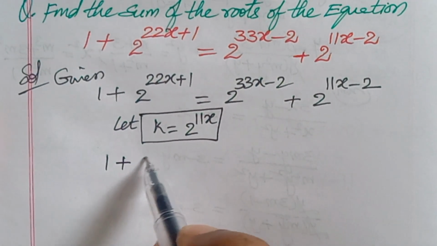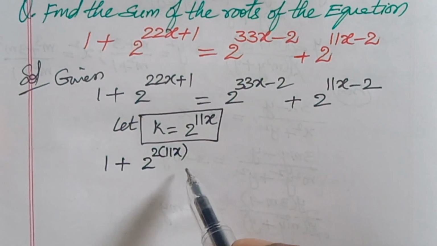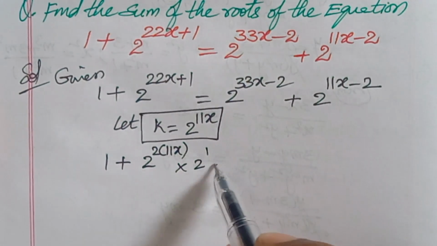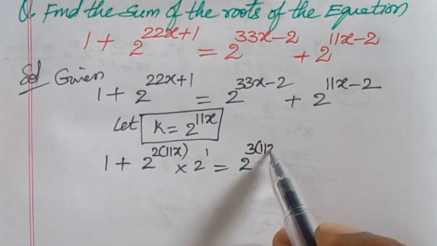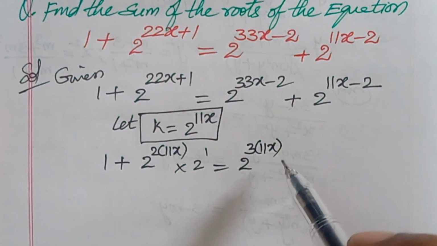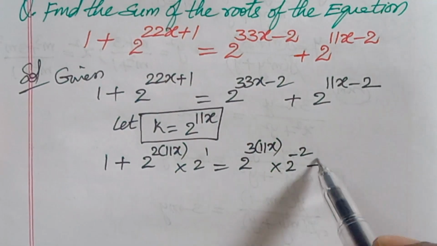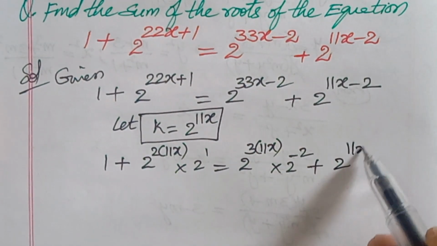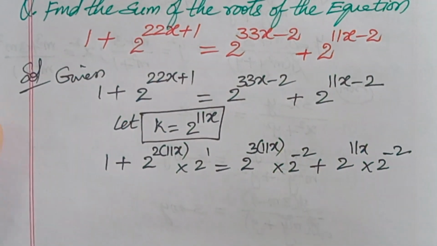1 plus 2 to the power of 2 into 11x into 2 power 1 is equal to 2 to the power of 3 into 11x into 2 power minus 2 plus 2 to the power of 11x into 2 power minus 2.